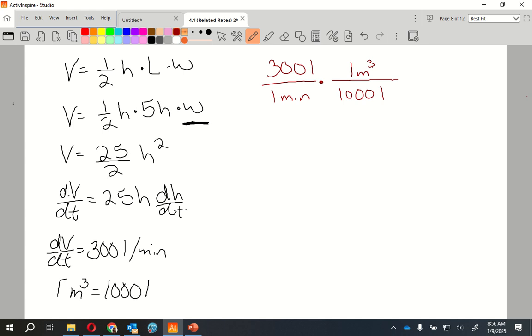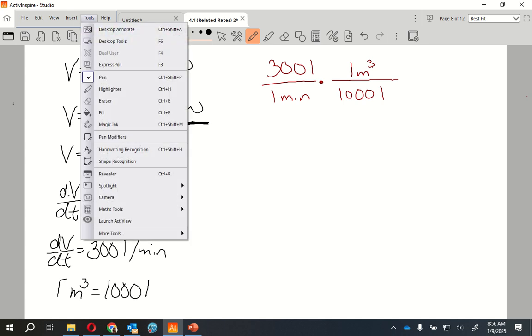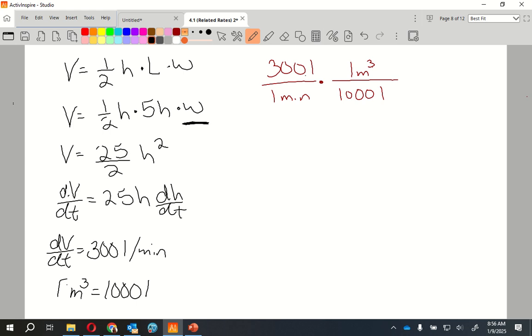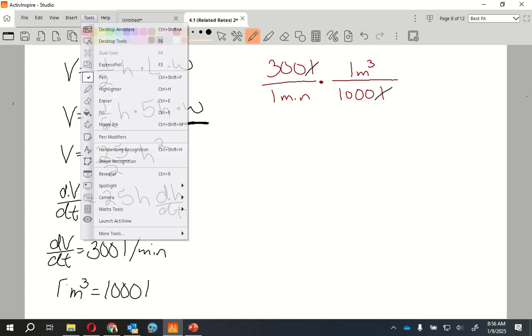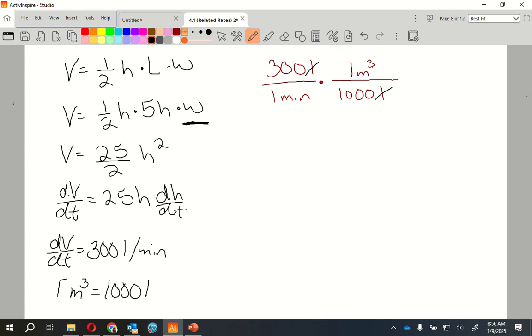So in this process, my liters cancel out, and I end up with 0.3 meters cubed per 1 minute.